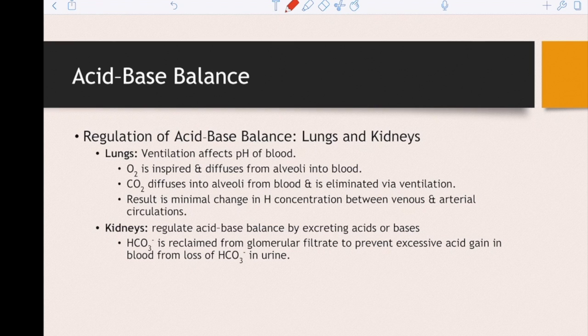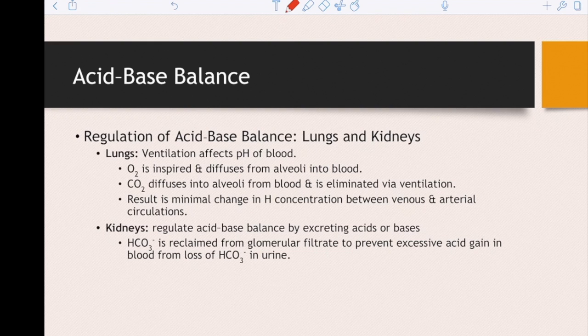So as we breathe in O2, it diffuses from the alveoli into the blood, and then the CO2 is going to diffuse into alveoli from the blood and be eliminated via ventilation. And we'll look at that more closely through a figure here in just a minute. The result of that is a minimal change in the proton concentration between venous and arterial circulations.